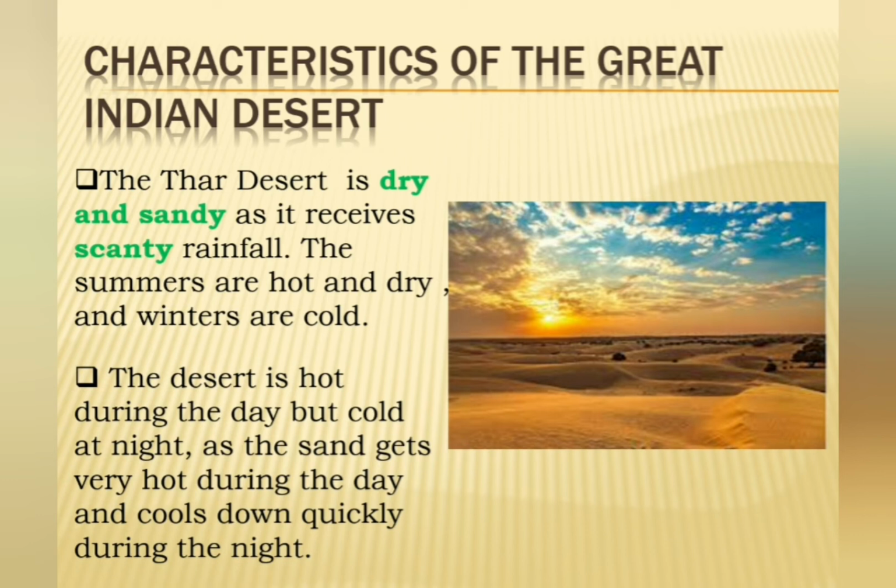Why does the desert experience hot during the day and cold at night? Do you know? Because the sand gets very hot during the day and cools down quickly during the night.